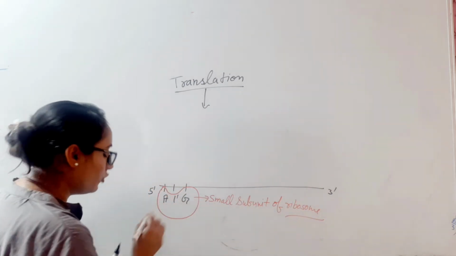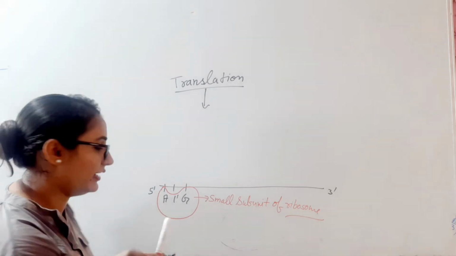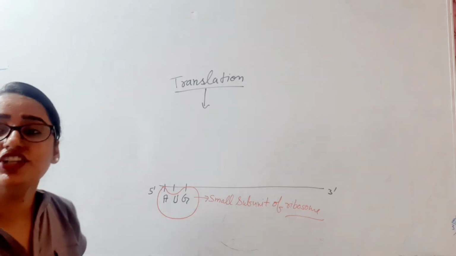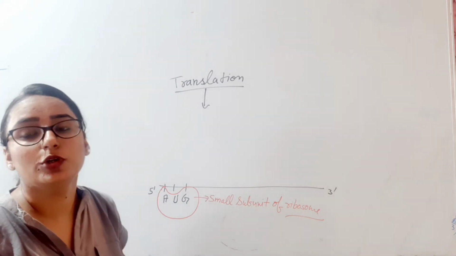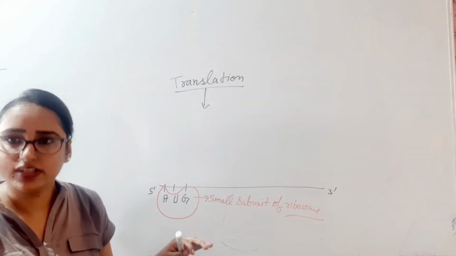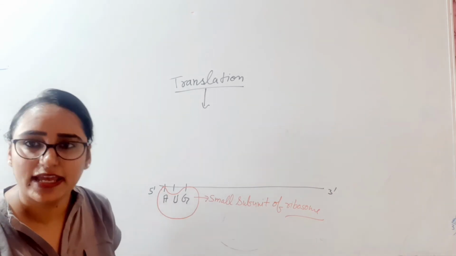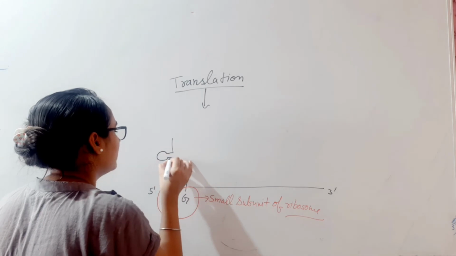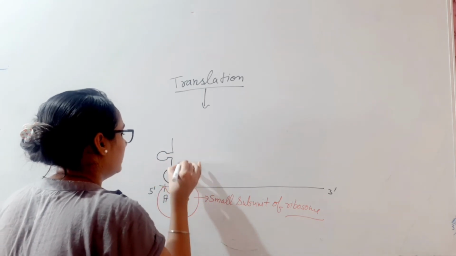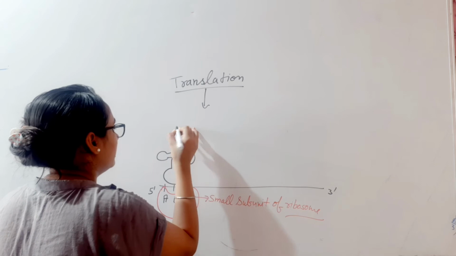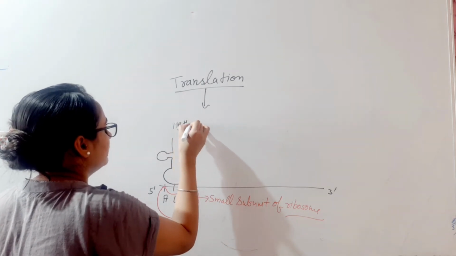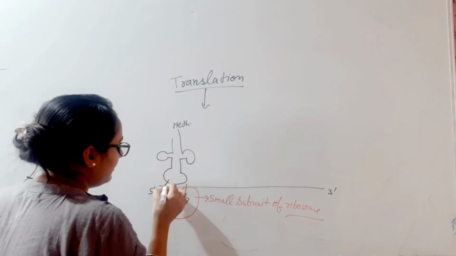Once this small subunit encounters the mRNA, it will bind with the mRNA, and then the initiator tRNA carrying the methionine amino acid will come and get attached to this mRNA. So the initiator tRNA will come here, it's methionine, and bind here.